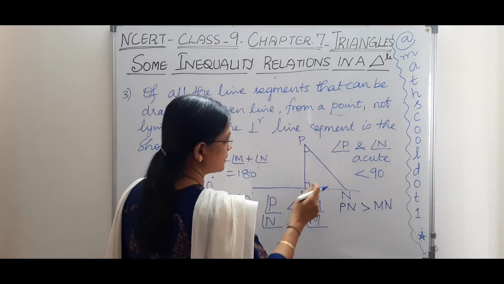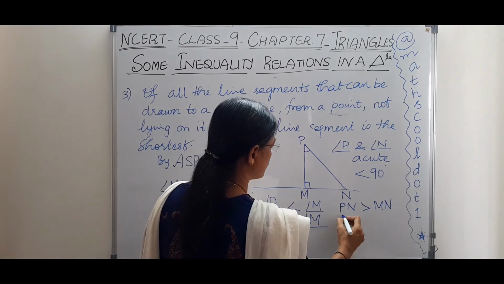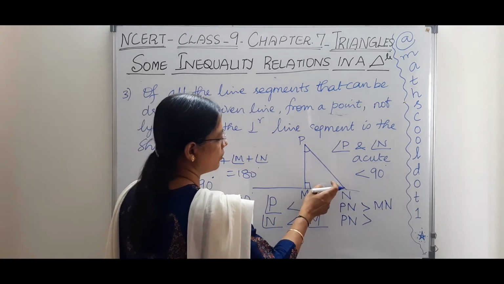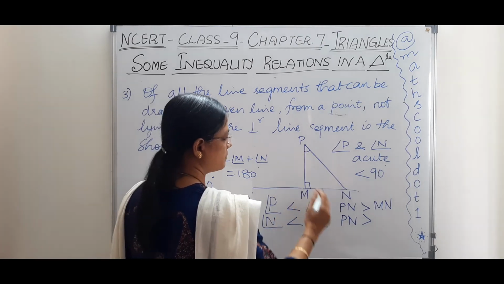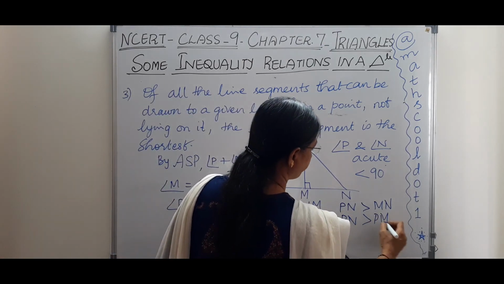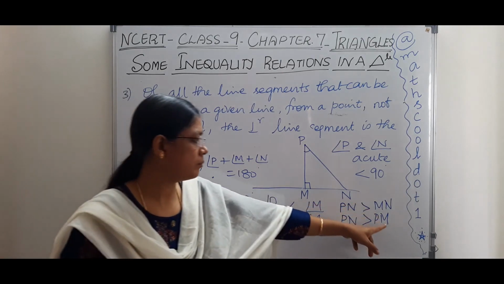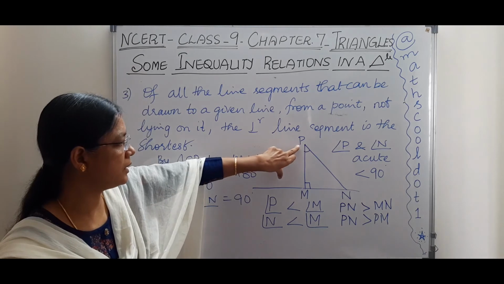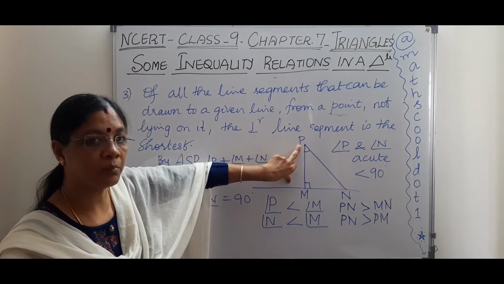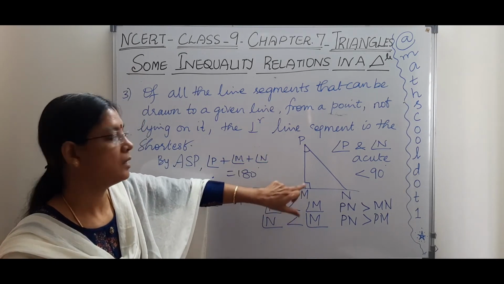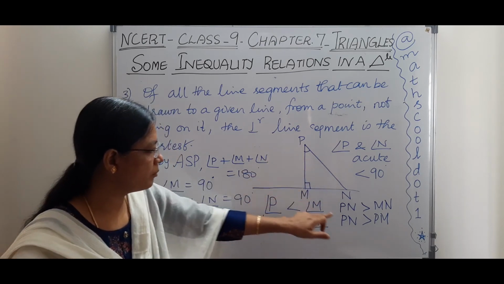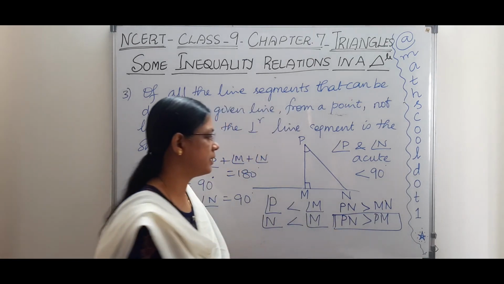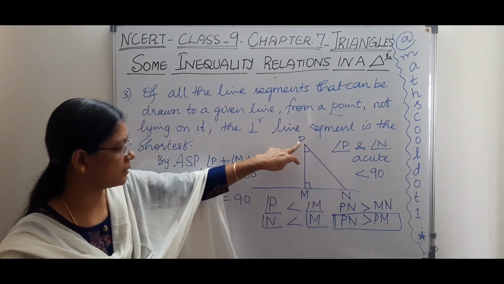So PN is greater than MN, and the side opposite to angle N is PM, right? So PN is greater than PM and PN is greater than MN also. But we are concerned here with the line from the point P to the line segment. Here PN is greater than PM. With the second inequality relation, we have PN is greater than PM.